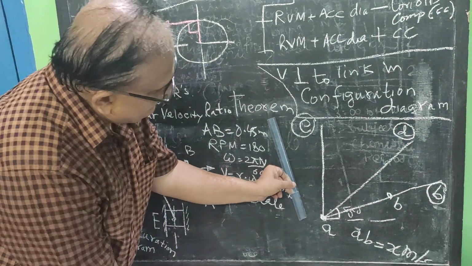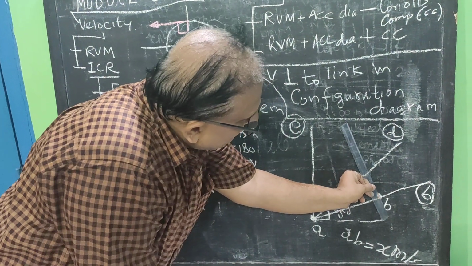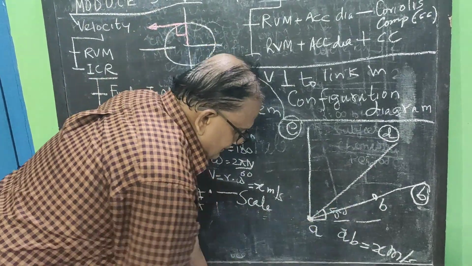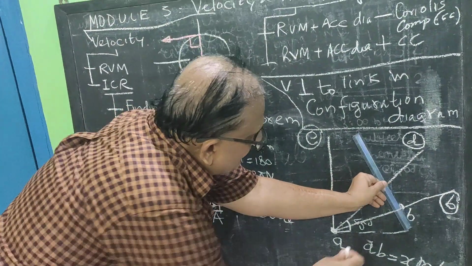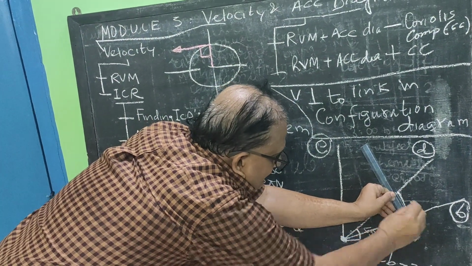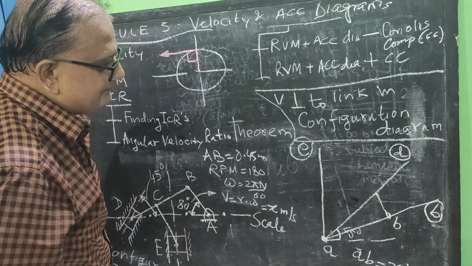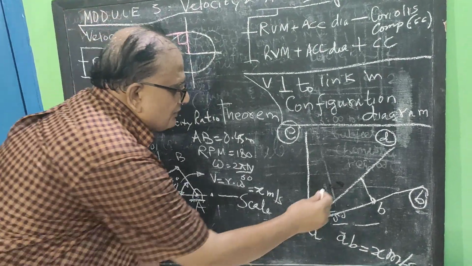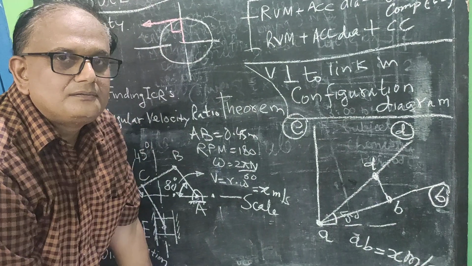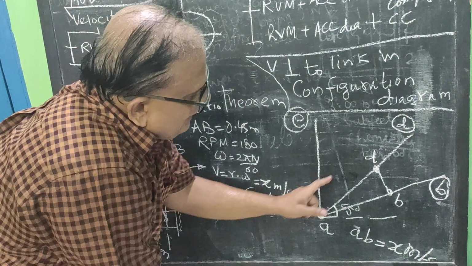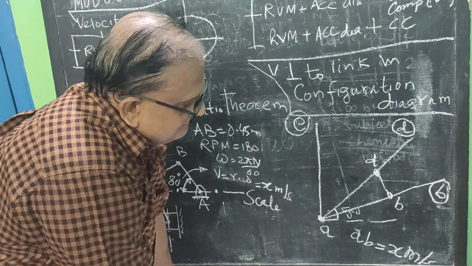Move it, move it, move it, come to the point B and draw this line. Again, I will draw it like this. When you come here, you draw this line like this. Okay? Clear? So this point will be D.